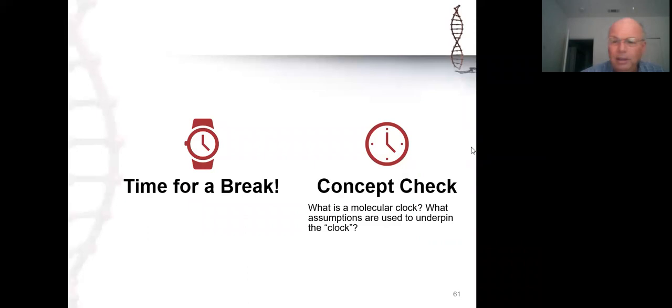So one more break, and again, I'm not going to stop because we are very close to the end. And my concept check question here is, what is a molecular clock? What assumptions are used to underpin the clock? So remember, a molecular clock is a correlation between rates of mutation in a gene and the time over which those mutations have occurred.